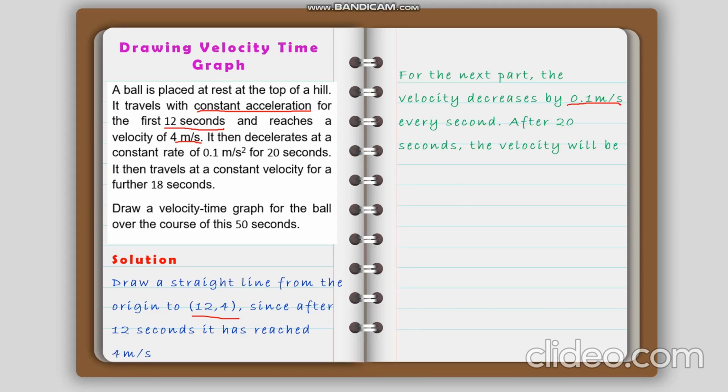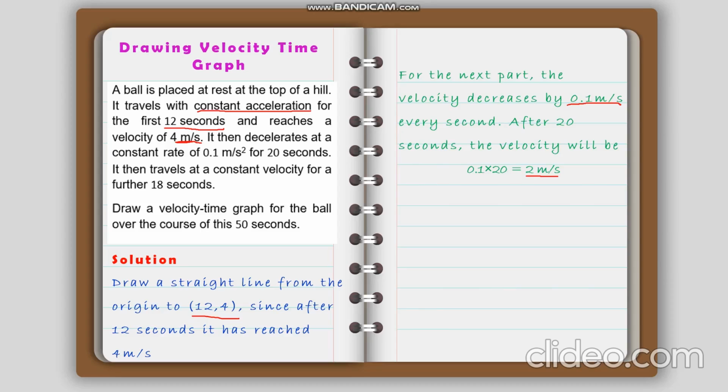So we can calculate the velocity of the ball after this 20 seconds by saying 0.1 times 20 to get 2 meters per second. During this 20 seconds, the velocity decreased from 4 meters per second to 2 meters per second, and it was decelerating at a constant rate.